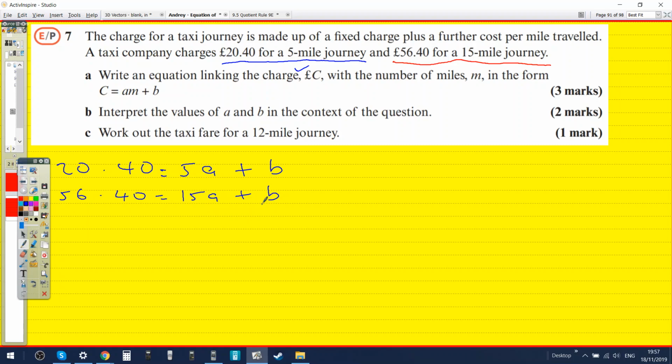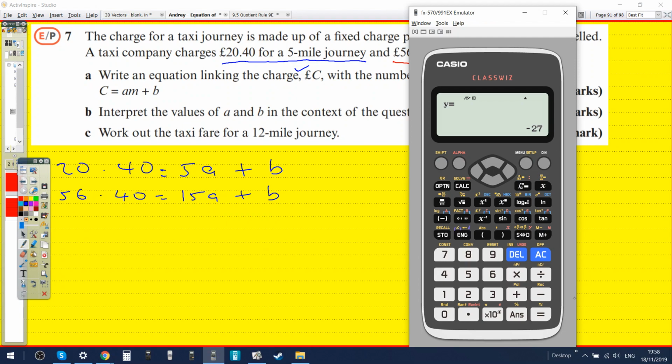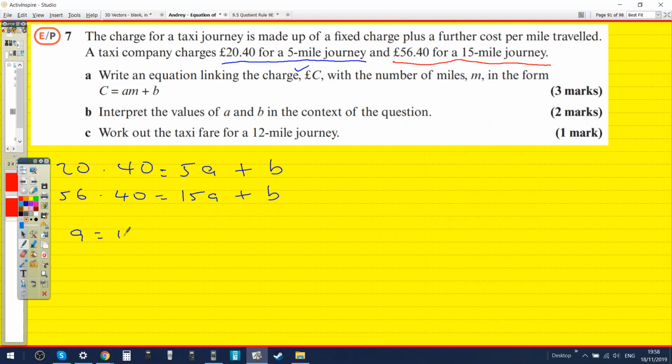I got x is 18 over 5 and y is 12 over 5. 18 over 5.